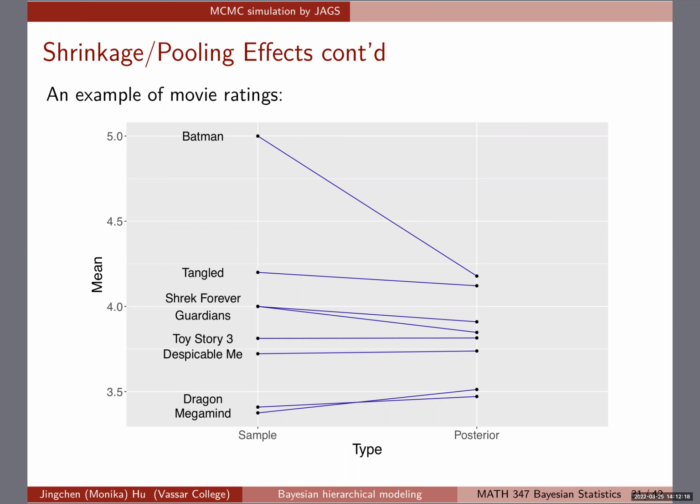I just want to show you that this is an expected outcome that you're going to see when you're dealing with hierarchical modeling. We are essentially borrowing information across different groups to make a more refined posterior analysis of the quantities of different groups. Okay.